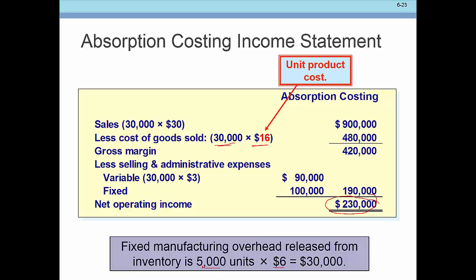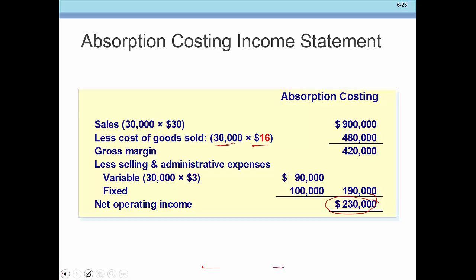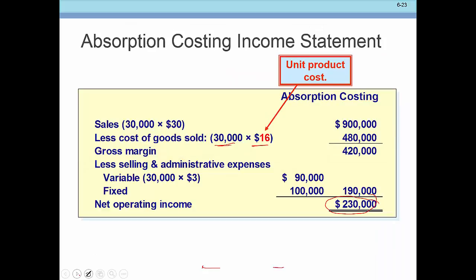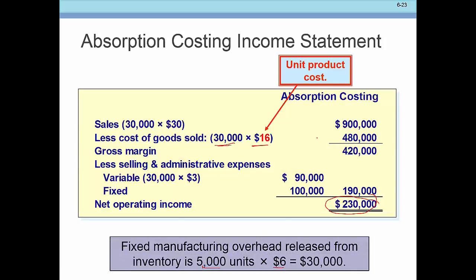Okay. Now, we can do a similar analysis like we did before. If you look at our cost of goods sold under variables, it's 300 is our variable cost of goods sold. So 300 versus absorption, it's 480.